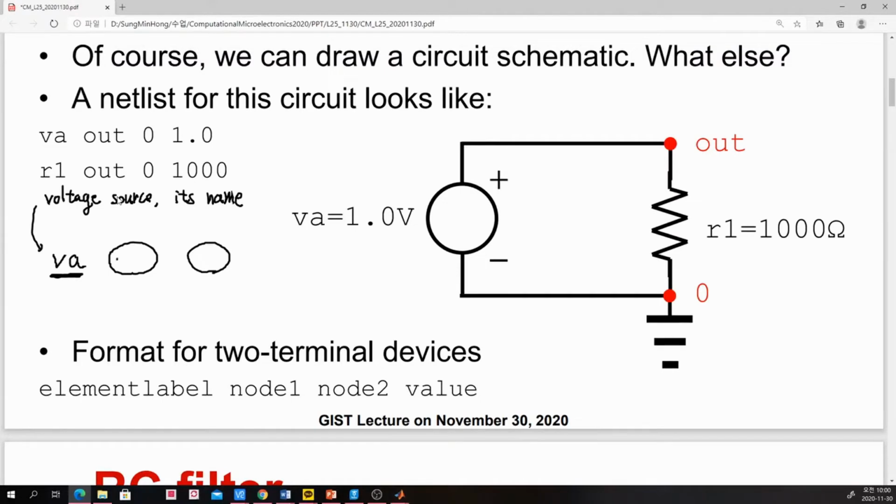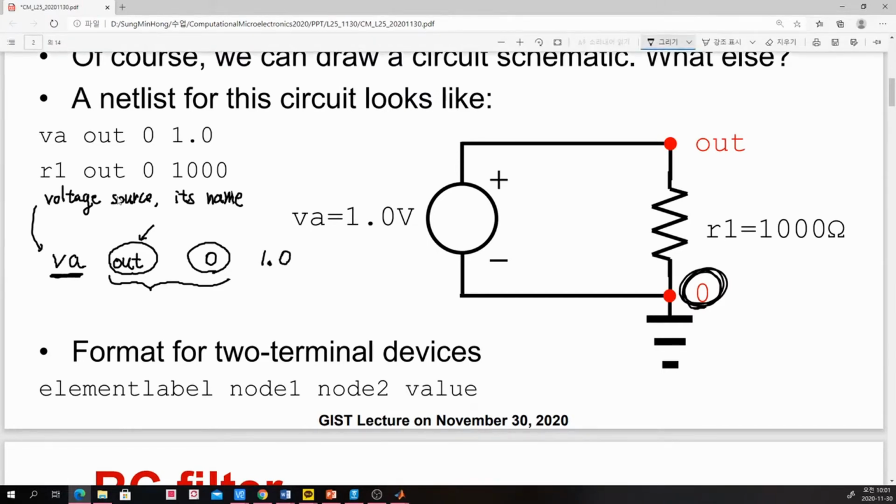The first one should be out, because this one is reserved for our positive terminal, and 0, this 0 is for our grounded node. After this connectivity information is over, now we can say 1.0.